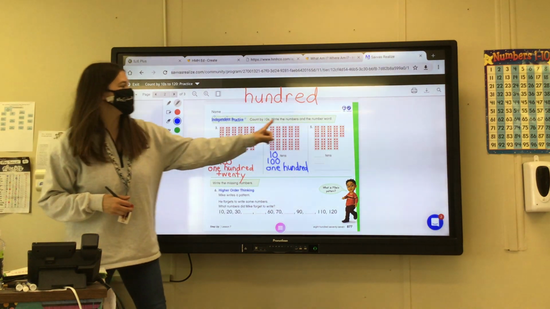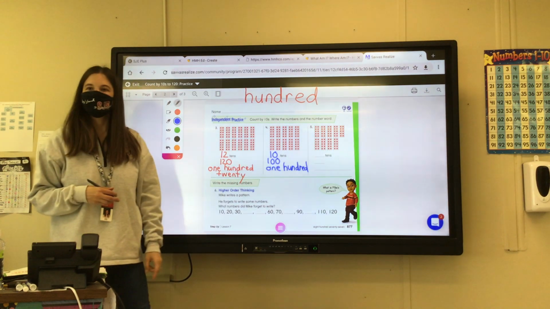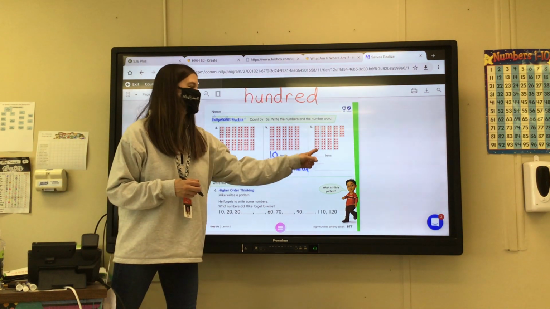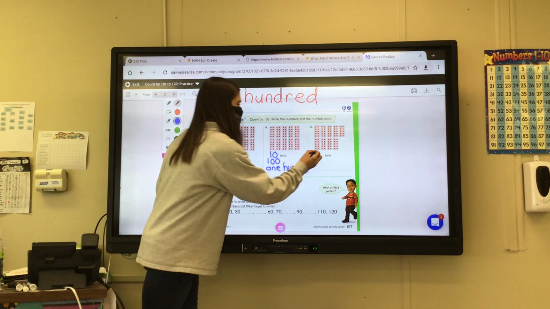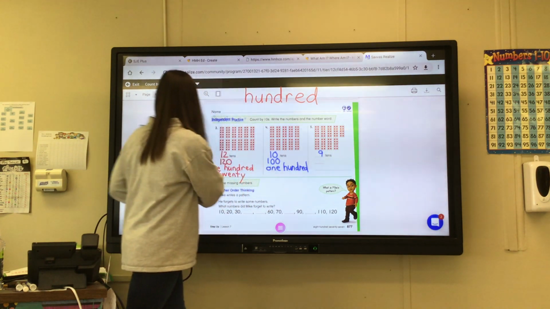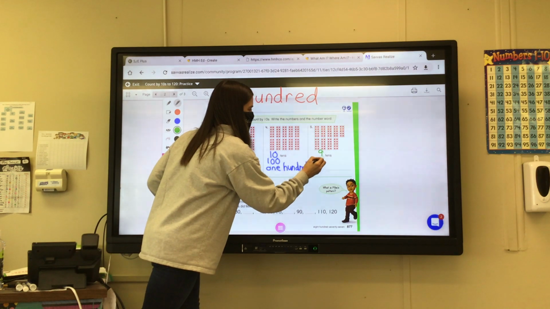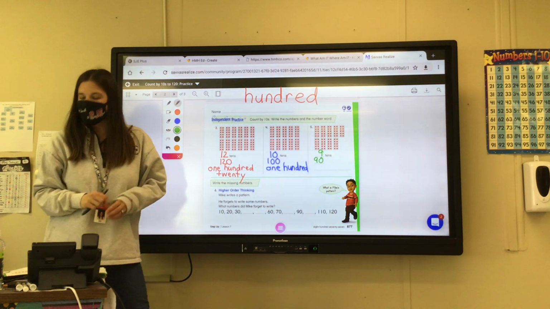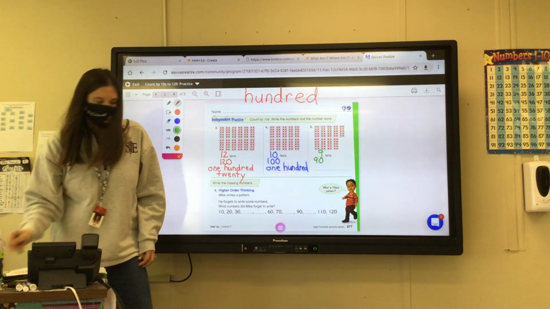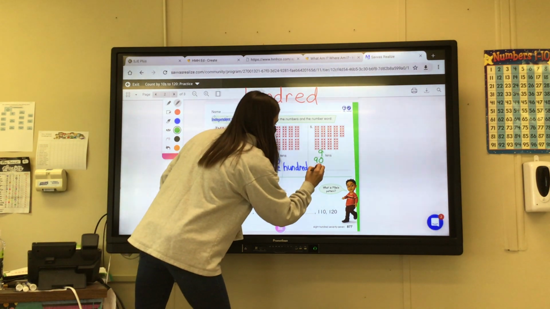Okay, so how many groups are here? How many tens? 9 groups of 10. Make how many? 90, right? 9 and a 0. 10, 20, 30, 40, 50, 60, 70, 80, 90. This is how you spell 90.